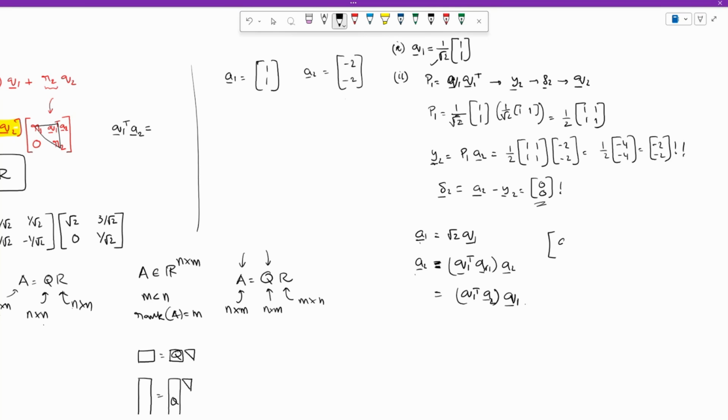This will also be 0 because it does not depend on, there is no Q2. Sorry, no, this is wrong. See, you should have got it. This will simply be root 2 and this will be. What is Q1 transpose A2? Essentially this.